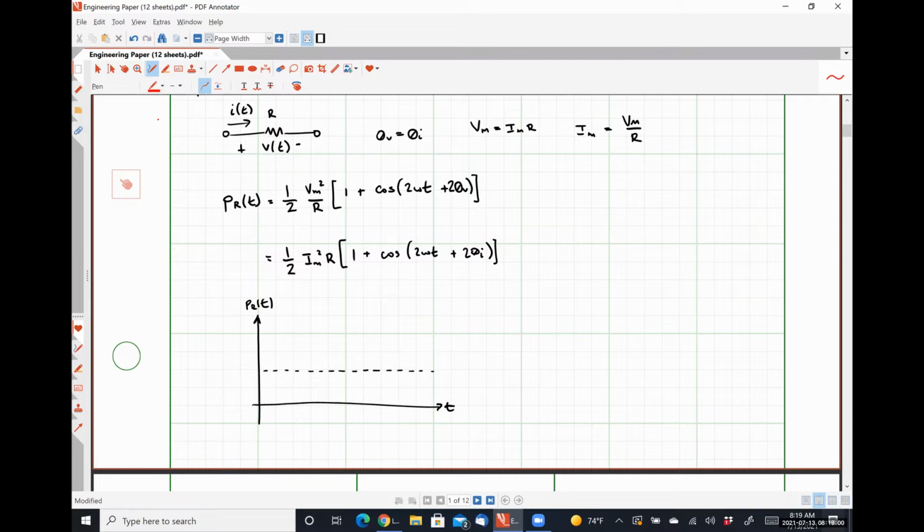So I'm going to start at its peak value, which will just be Vm squared over R, or identically Im squared times R.